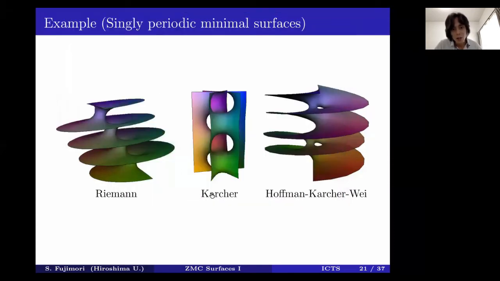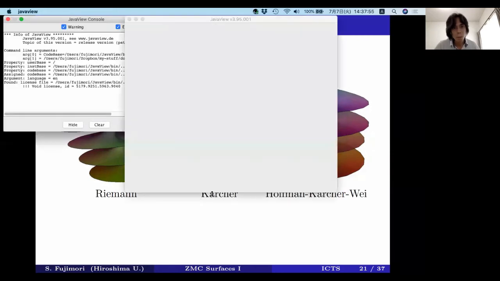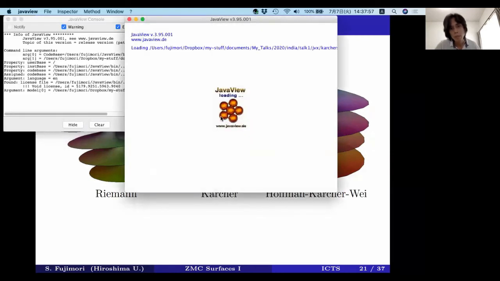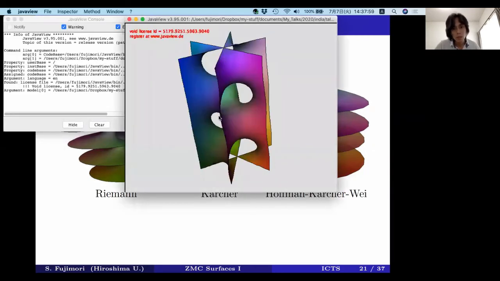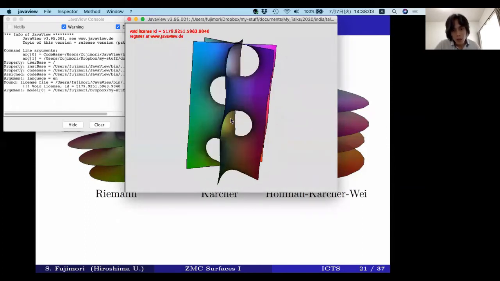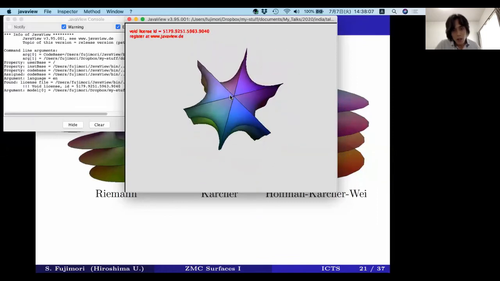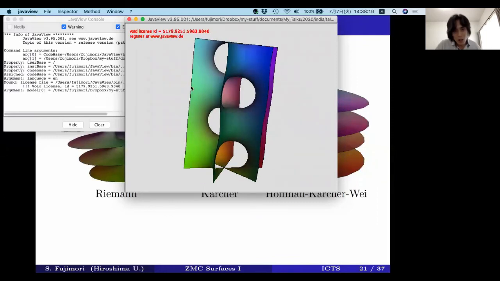Also, this is called the Karcher tower. One half of this is the fundamental piece of the surface.